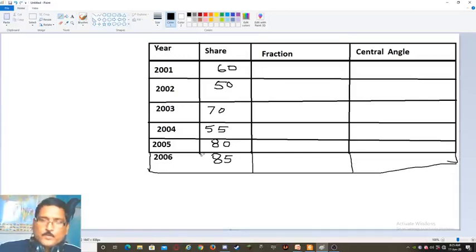Okay, now what is the fraction? Total what I got is 400, so it will be 60 upon 400.